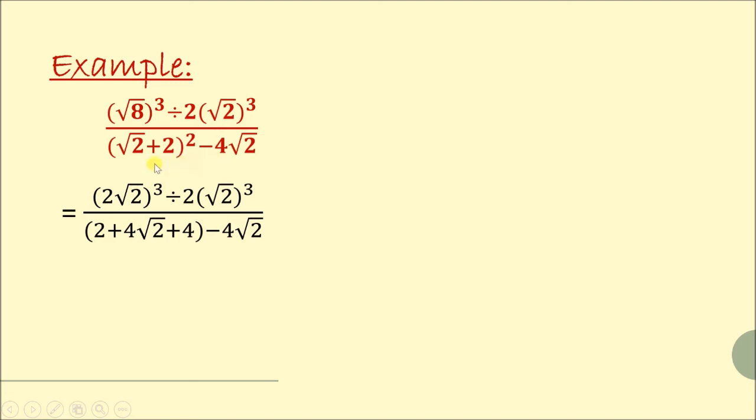And here I have square root of 2 plus 2 to the power 2. I can simplify. Yes, square root of 2 to the power 2, which is 2, plus 2 times square root of 2 times 2, which is 4 square root of 2, and 2 to the power 2 will be 4, minus 4 square root of 2. Okay, in the denominator I have square root of 2, but first I will take the 2 outside the parentheses.